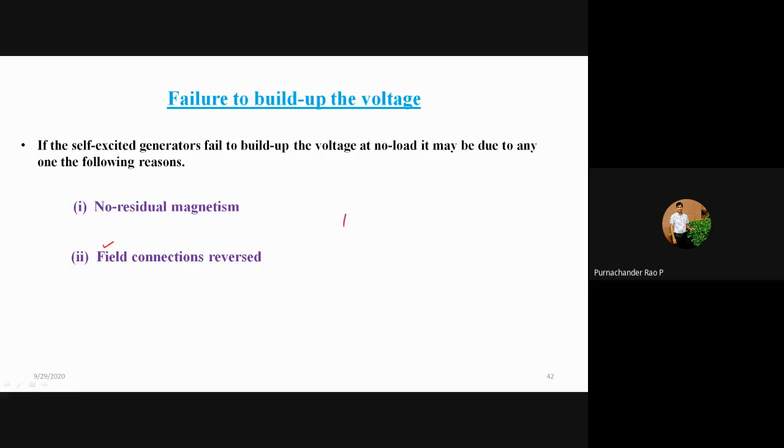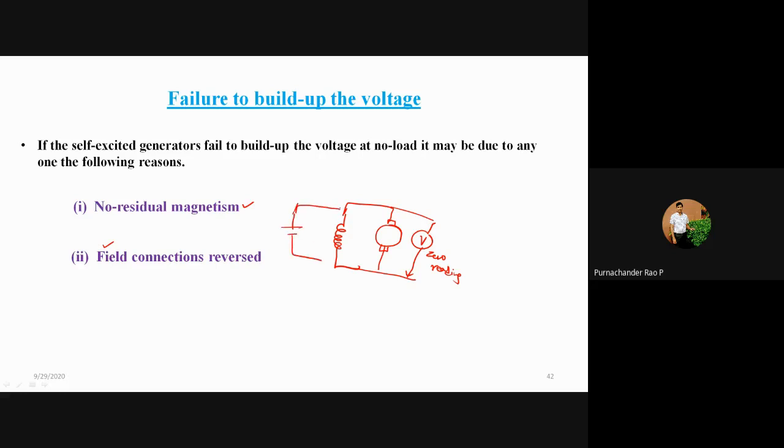Suppose this is the field winding connected across your armature terminals, and you are measuring the voltage. The voltmeter is showing zero reading. The first possible cause is no residual magnetism. If there is none, we remove this field winding and connect it to an external DC circuit.